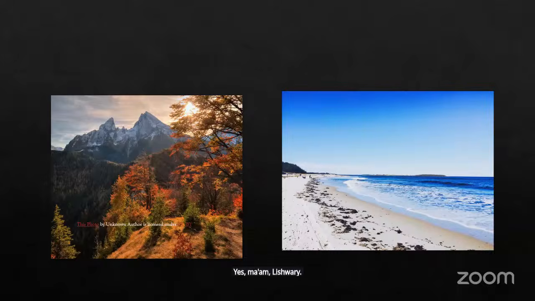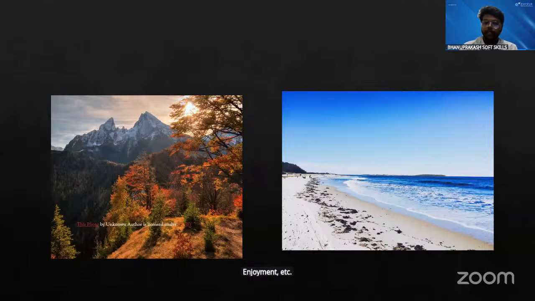Yes, Malleshwari. Sir, mountains are a symbol of adventure, peace, strength, nature, and peacefulness, and the beach represents a symbol of relaxation, calmness, freedom, enjoyment, etc. Okay, fine. Thank you.